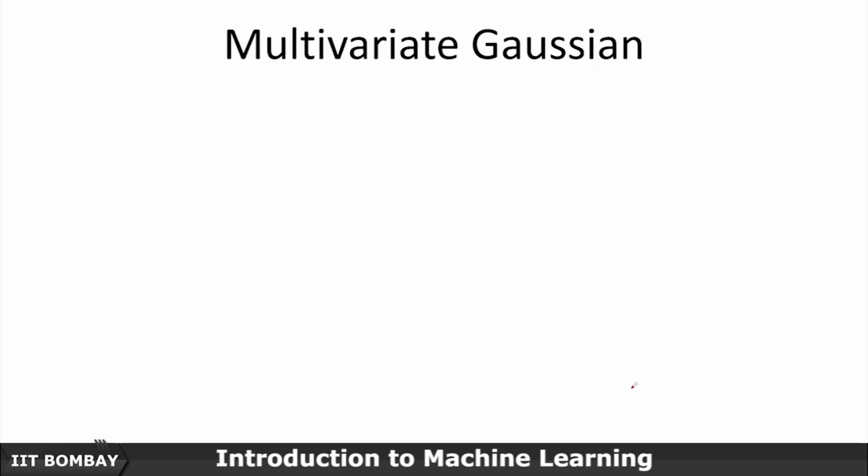The last thing that we will talk about is an example of a multivariate continuous distribution, and here we will talk about the multivariate Gaussian distribution. So, let us say you have a variable x which is x1 and x2.